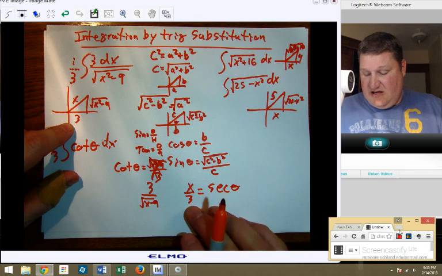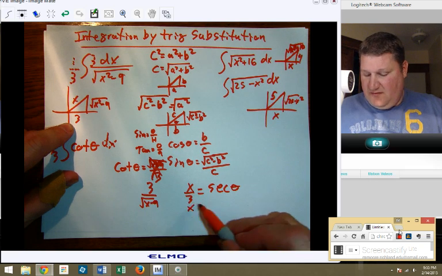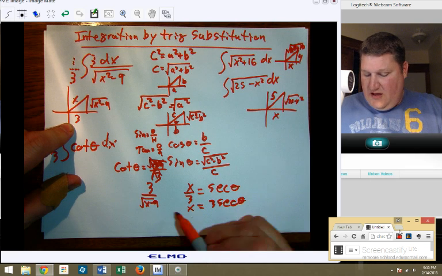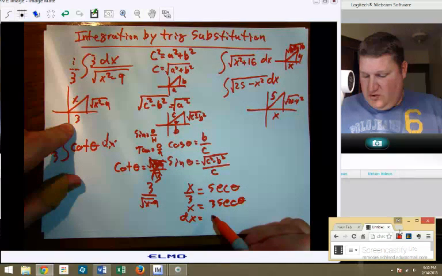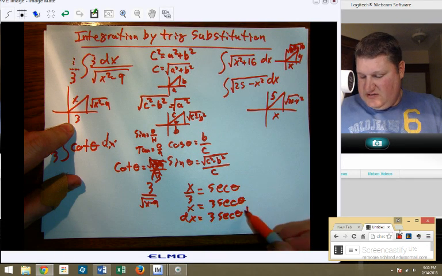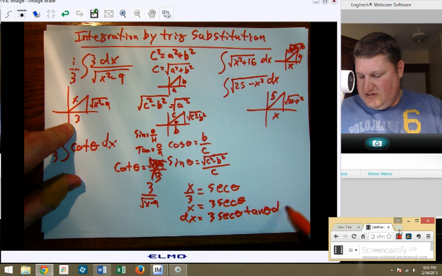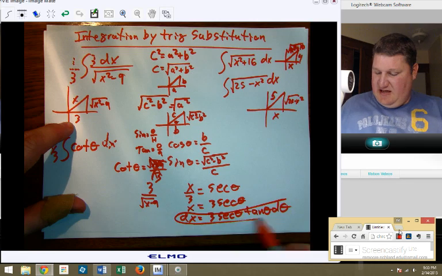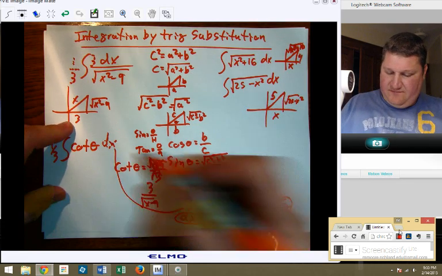So in this case, I'm going to multiply by 3, and x equals 3 secant theta. And I find dx equals 3 secant theta tangent theta d theta. So now I take my dx and replace it.